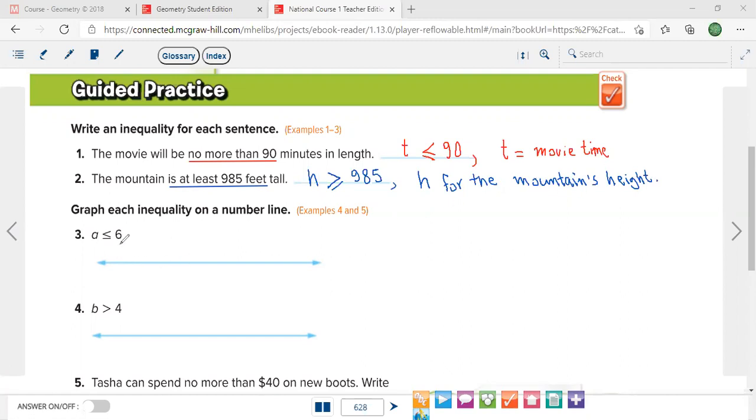Now in problem 3, graph each inequality on the number line, A smaller than or equal to 6. Of course, you need to have a sharp edge or a ruler to take equidistant distances. Equidistant distances means, for example, I'll take equidistant distances this way.